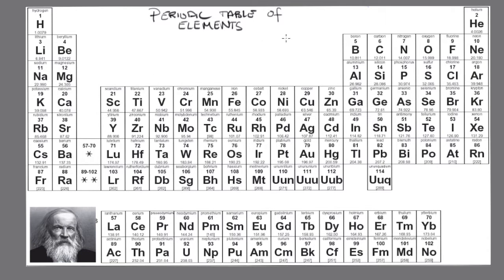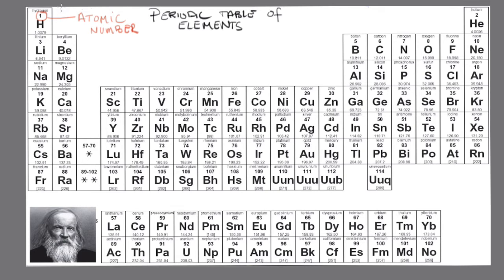So the periodic table of elements is basically a pretty way to group elements together according to certain characteristics and properties. Now, the most obvious grouping is by atomic number. So this number here above each symbol, which is a letter, is known as the atomic number.